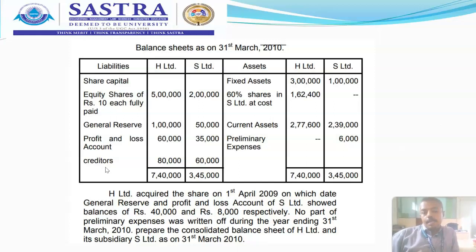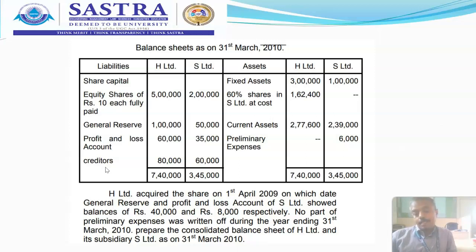In the earlier sums, the previous sums we discussed, it directly gave the current year profit. So we did not need to worry about calculating the revenue profit. But here they did not give you the direct profit earned during this year, that is after acquisition. Here they gave opening and closing balance and general reserve.